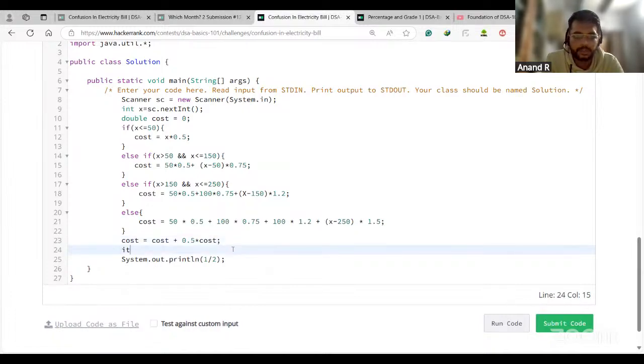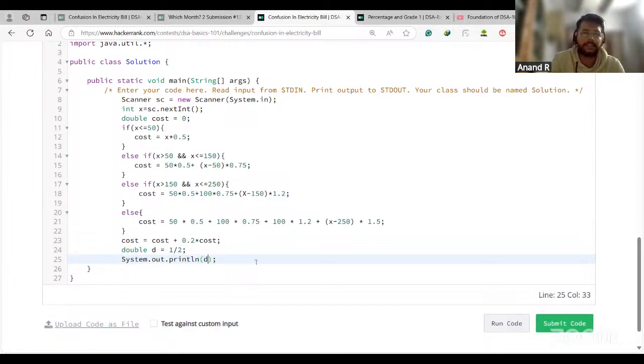Okay, let's take an example. Let's take double d equal to 1 by 2. If I print d, what is the result?